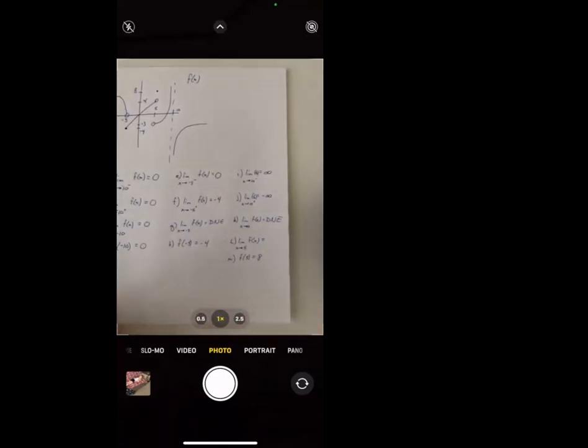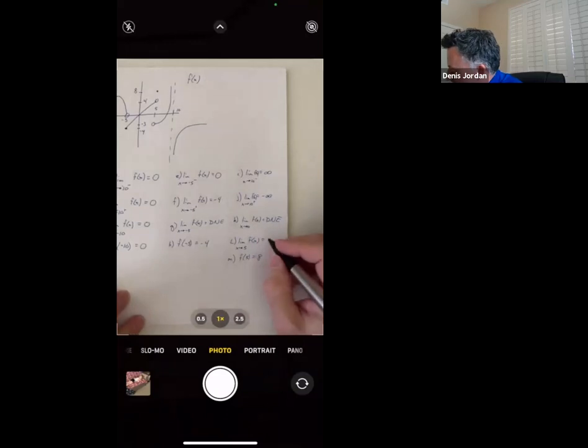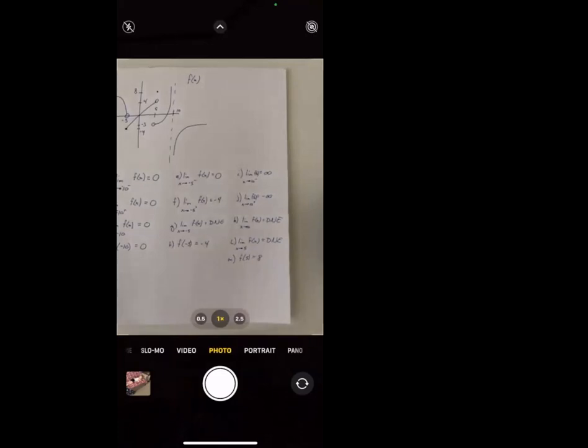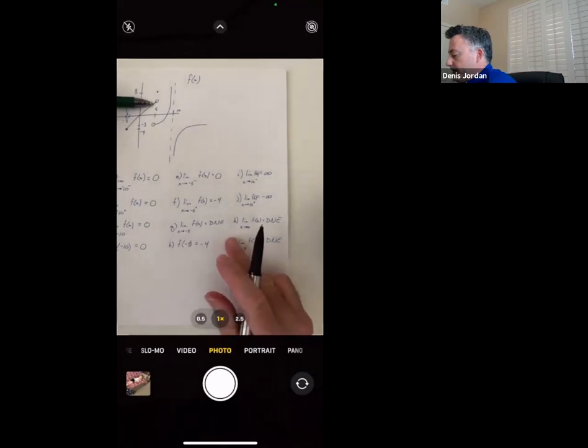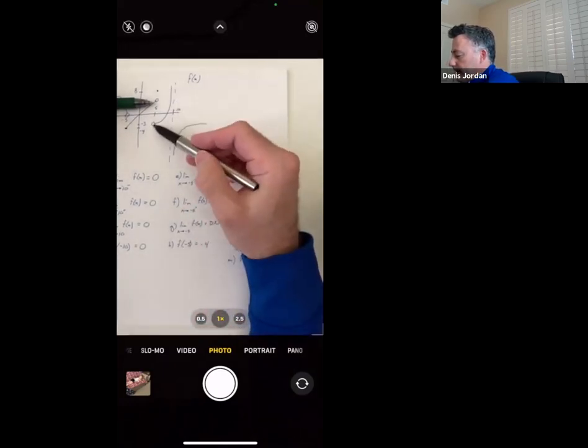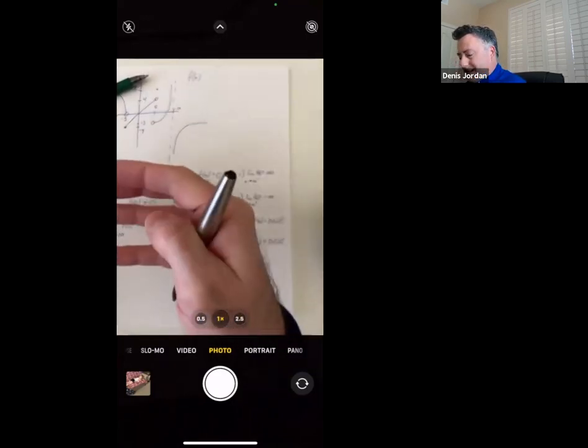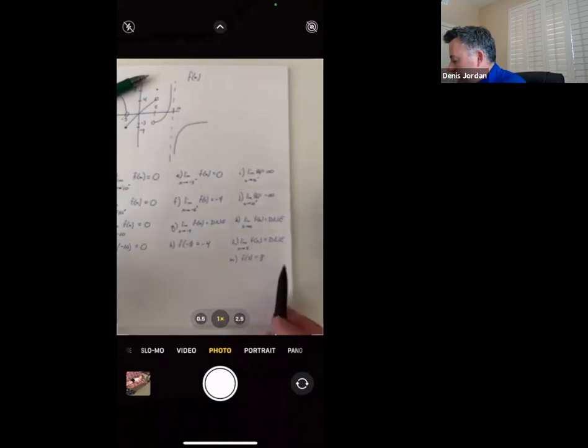So that doesn't exist? It does not exist, because they have different values from the left and the right. The left side approaches 4. The right side approaches -3. So they don't actually meet or connect together. So the limit does not exist.